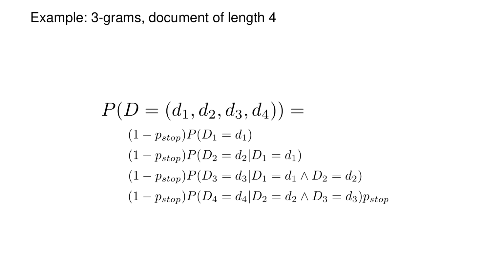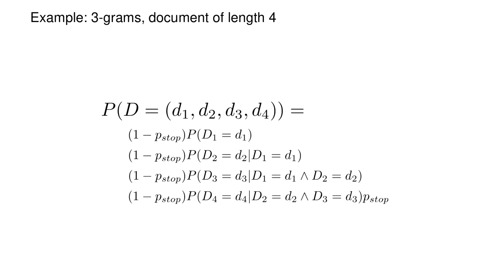So the probability of D1, D2, D3, D4 is the probability I don't stop times the probability of getting D1, times the probability I still don't stop, times the probability of getting D2 given that I had D1, times I still don't stop, times the probability I get D3 conditioned on D1 and D2, times I still don't stop, and now the probability I get D4 based on D2 and D3, not D1, limited memory. I only have the memory of the previous 2 words, and then P stop.